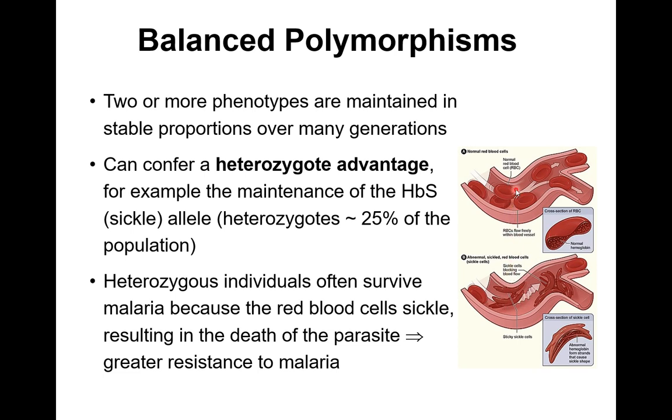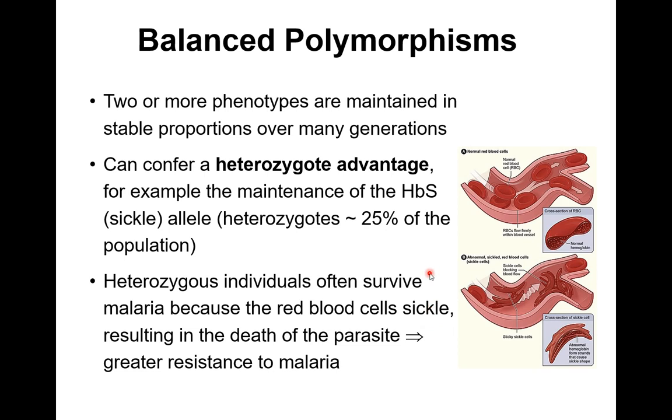The problem is that while the donut-shaped red blood cells can easily move through the capillaries and the bloodstream, since they're designed to move extremely well, the sickle ones do not. So they have a tendency to clog small vessels, causing, as you can imagine, infarcts, strokes, different types of necrosis downstream, and so on. As a result, individuals that are homozygous recessive would have sickle cell anemia, and they would have a high risk of stroke, infarct, cardiac arrest, and so on.